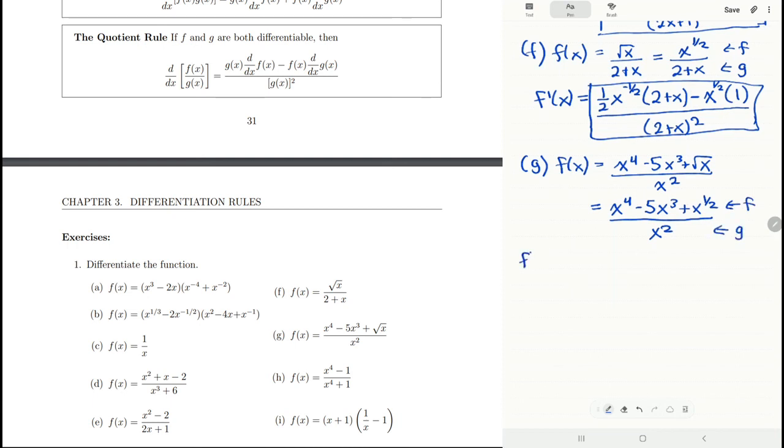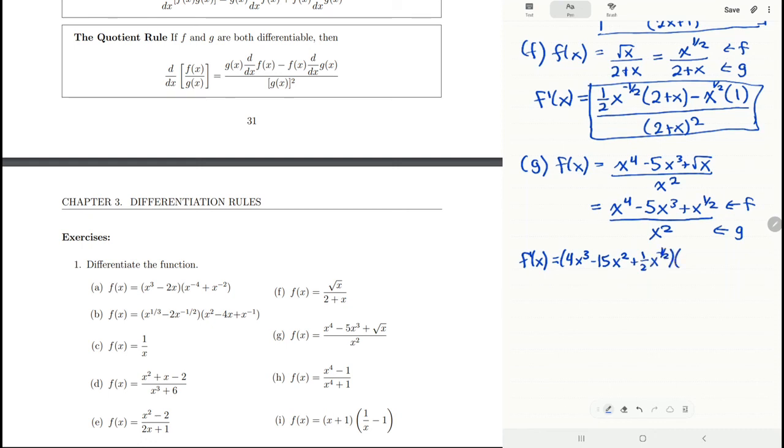So f prime of x is going to be the derivative of the numerator, which is 4x cubed minus 15 times x squared plus 1/2 x to the negative 1/2.